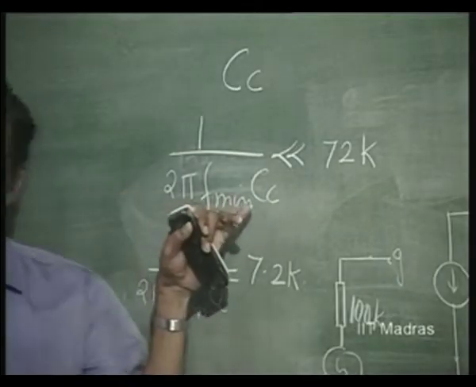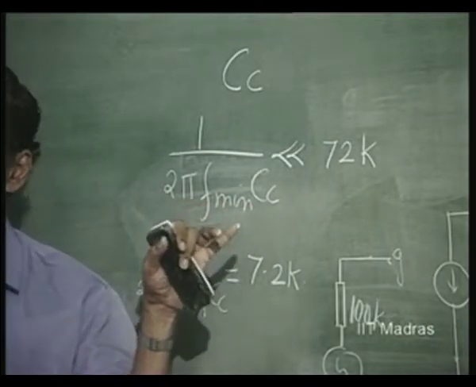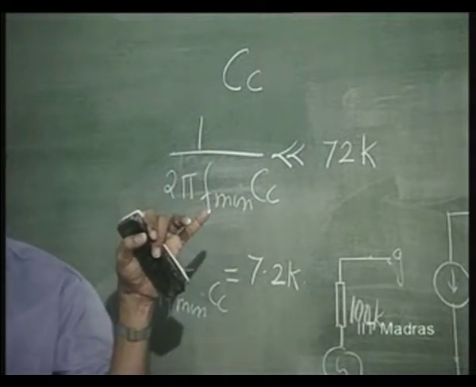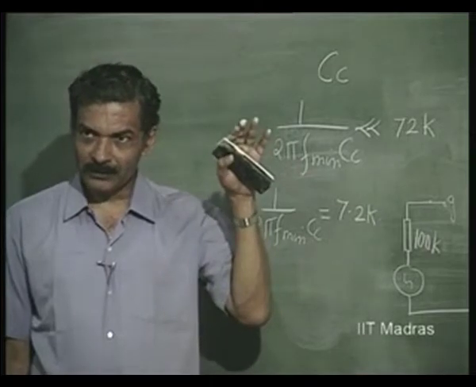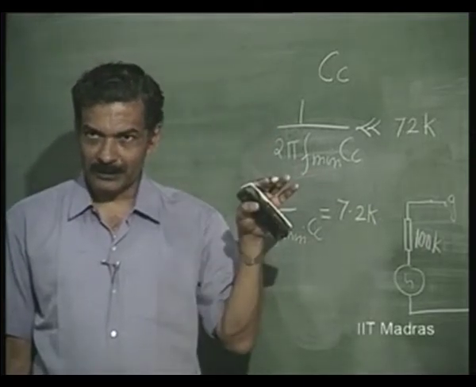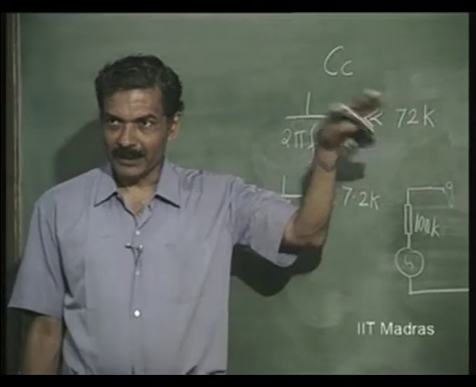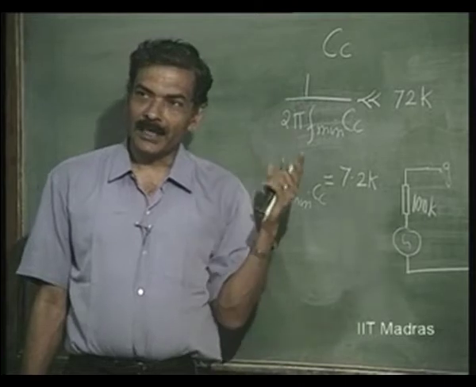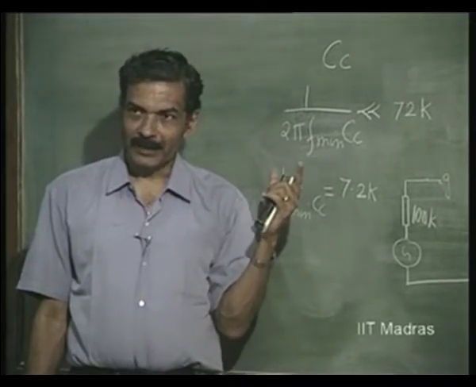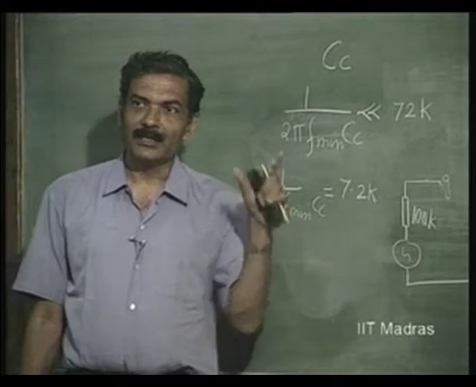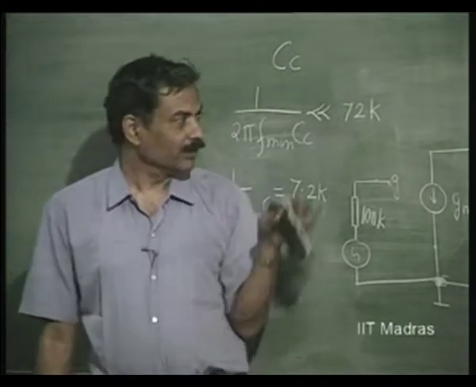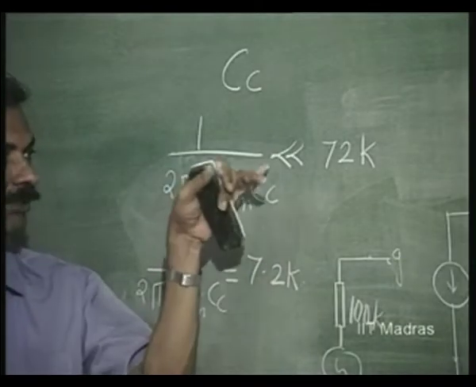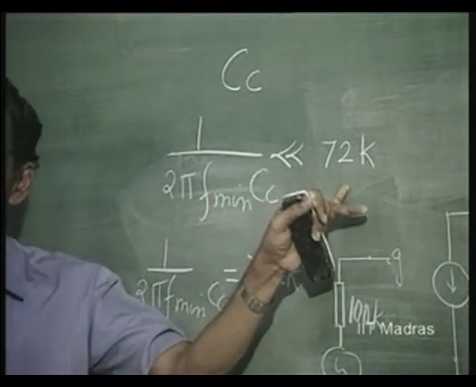But if you want Cc to fix the lower cutoff frequency, what is the lower cutoff frequency? It is the frequency at which the gain falls to 1/√2 times the higher frequency gain. At that frequency, the reactance of the capacitor becomes the same as the resistance seen. So if you want Cc to fix the lower cutoff frequency, you will simply equate this reactance to 72 kilo ohms.